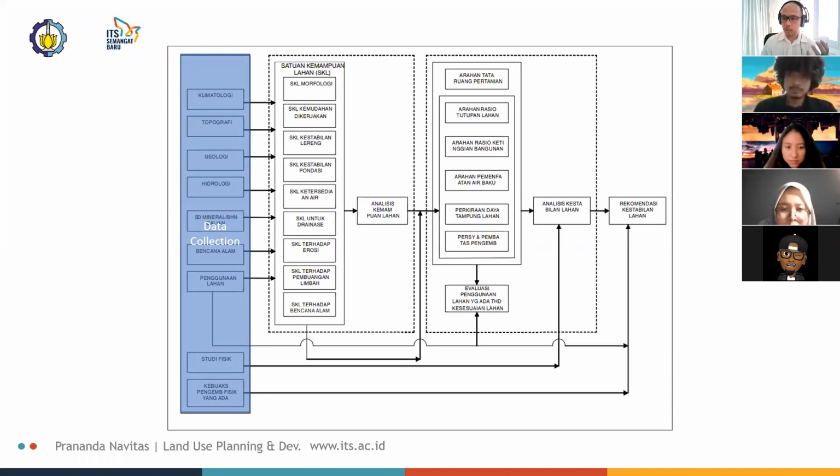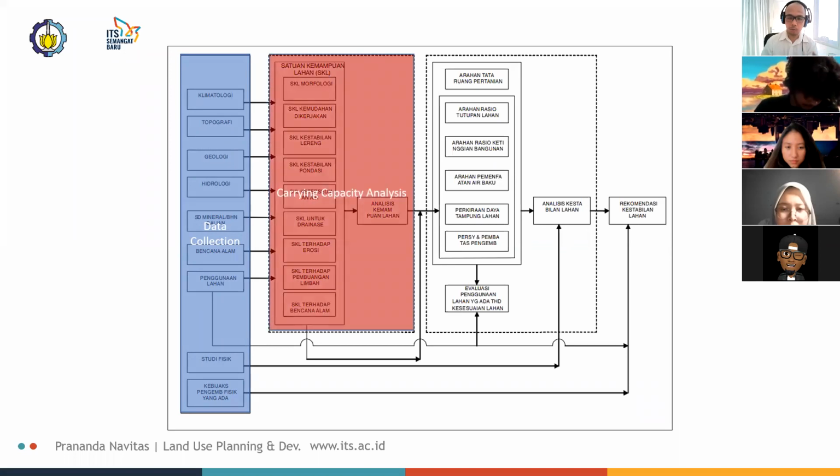And then once the data is collected, you can then move on to an analysis of its carrying capacity, so to say, just to be able to see what can you do on that plot of land, what can you do there, and so on.